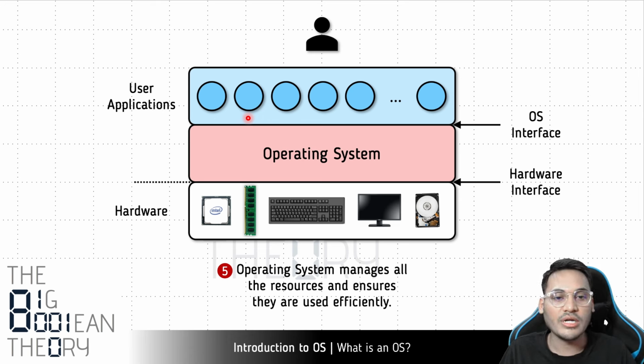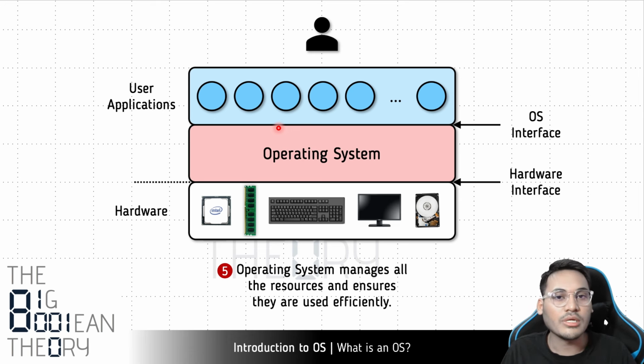So this is how the operating system acts as a safeguard against the misuse of the resources, right? It could be the case that if we don't have the operating system, then a maliciously written user application can monopolize the resources of the computer system. In that case, the other user applications won't be able to run, right? Because some user application has hogged the resources of the system.